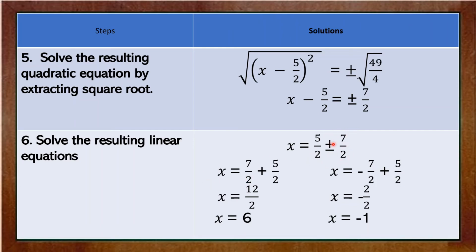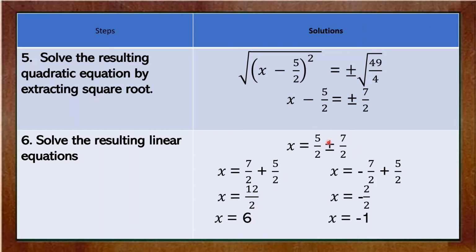So let us separate the positive 1 to the negative 1. Okay, x is equal to 7 over 2 plus 5 over 2. So just add the numerator, and that is 7 plus 5, become 12. Then, copy the denominator of 2. So, 12 divided by 2 is 6.